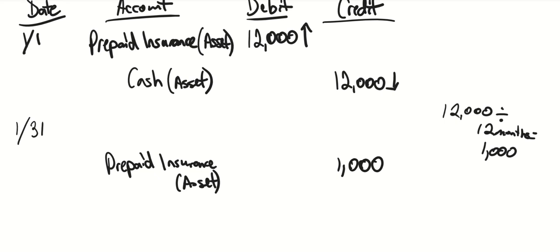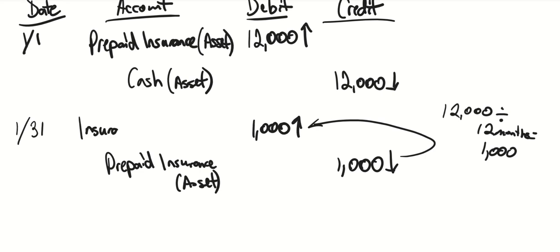That's going to decrease the balance in that account, and that's recognizing the usage of coverage of insurance for the month of January. So that coverage has expired, and we're going to move the balance into the insurance expense account.